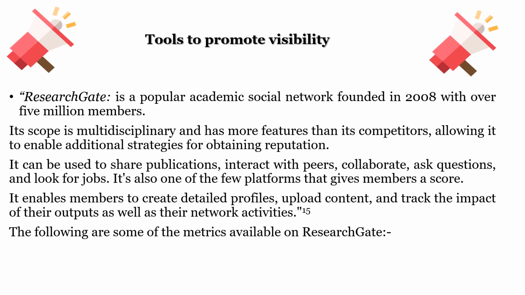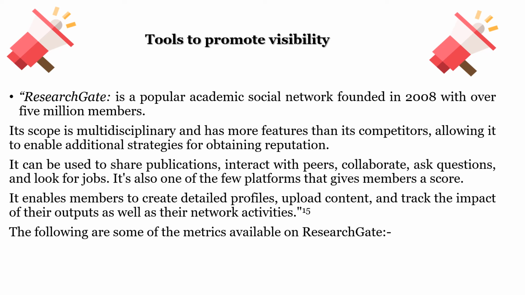The next tool is ResearchGate, which we popularly use as researchers. It's an academic social network founded in 2008 with over 5 million members. Its scope is multidisciplinary and it has more features than its competitors, allowing you to enable additional strategies for obtaining reputation.